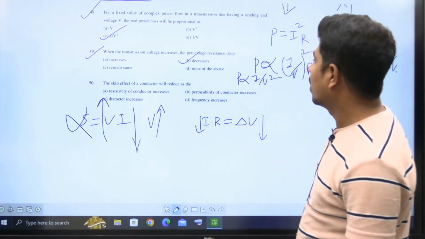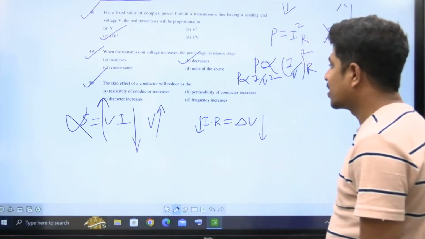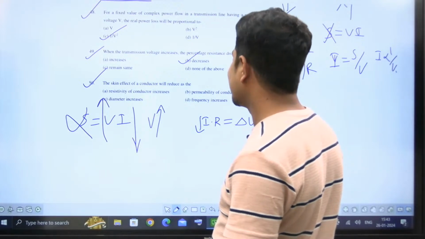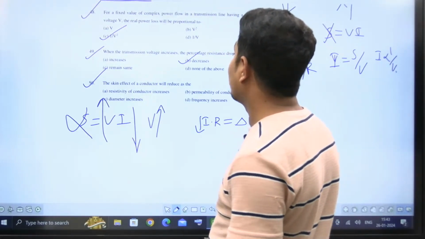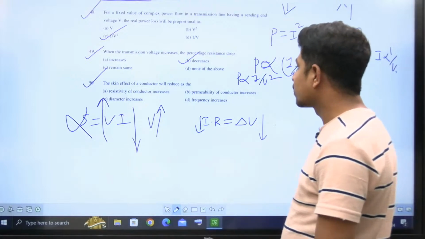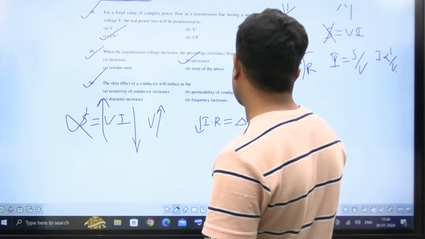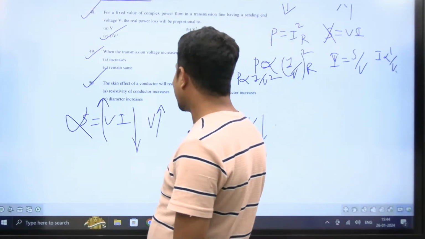The skin effect of a conductor will reduce as the resistivity of the conductor increases, permeability of the conductor increases, diameter increases, frequency increases. So he is asking about when skin effect will decrease. Diameter increases, no. Frequency increases, no. Permeability increases, no. The resistivity of the conductor increases.